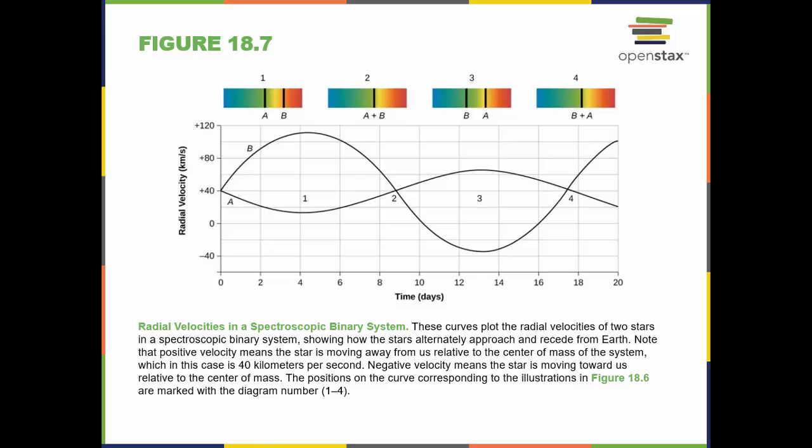So for example, in 1, A is moving slowly towards us, and B is moving faster away from us. So what we see is that B's absorption line is red shifted, and A's absorption line is blue shifted.